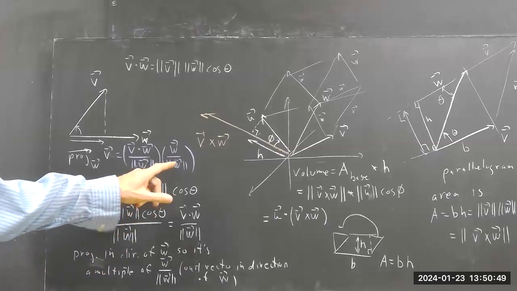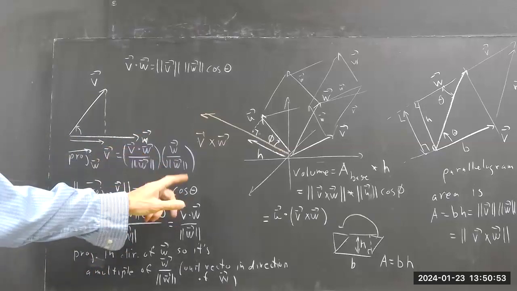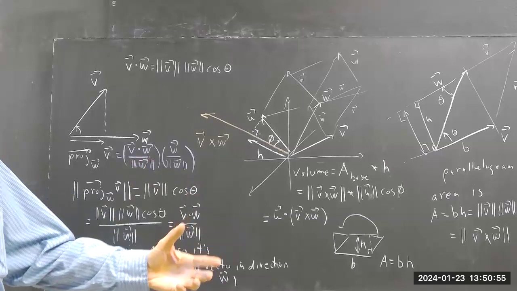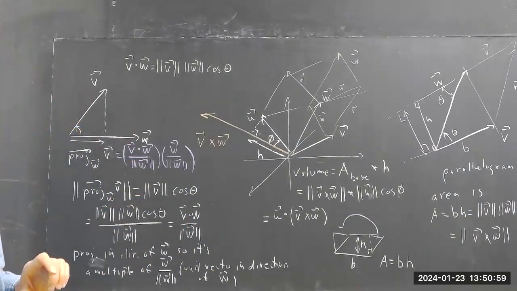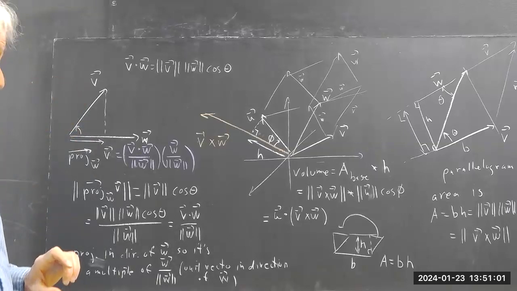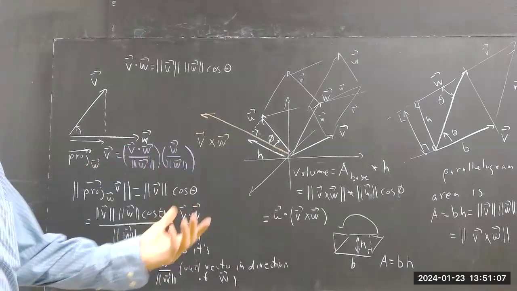They always want to just make this V dot W over magnitude of W squared times the W vector, obscuring the fact that you're multiplying the length of the side of a triangle by a unit vector. So people use that formula without understanding that.